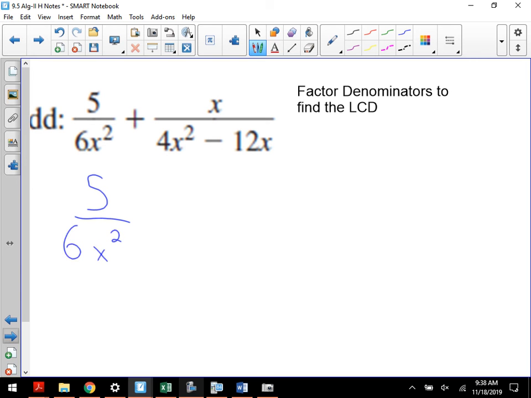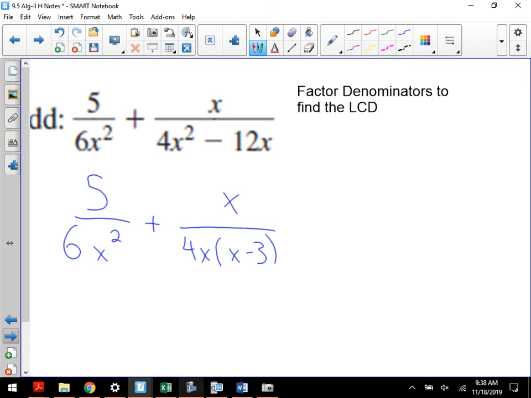There's really nothing I can do with that one. And in the other one, I have x over, well, I can factor out a 4x, and I'm left with x minus 3. Everybody okay with me on that so far? Before I go any further, this is when I start to piece together my common denominators. I worry about doing the denominator stuff first.